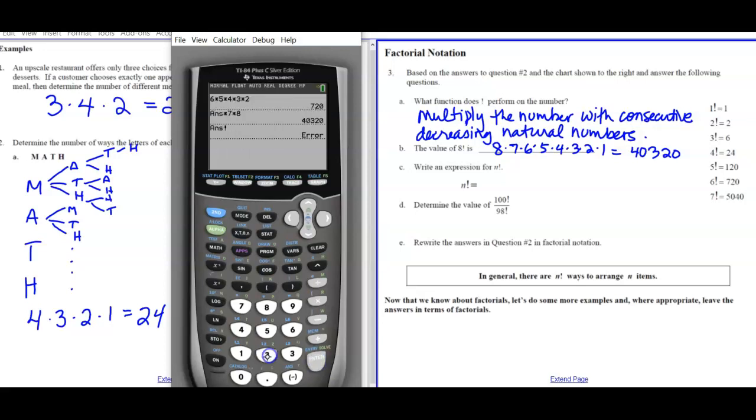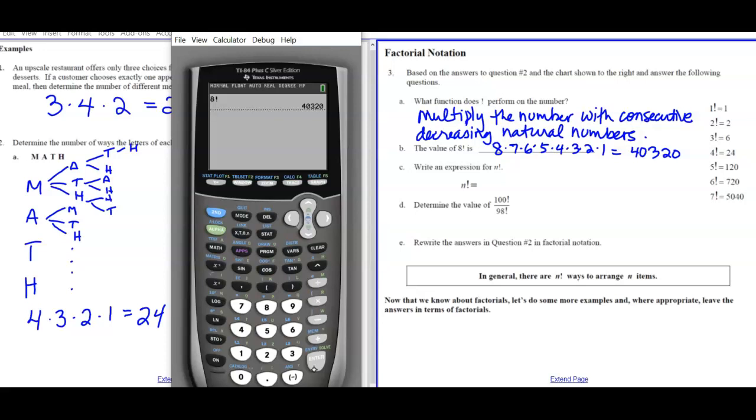Yeah, it's too big. So you want to put a number in, so 8, then math, probability, factorial. Okay. So try it on your calculator, make sure you know where that is. Okay, so you know how to do that?